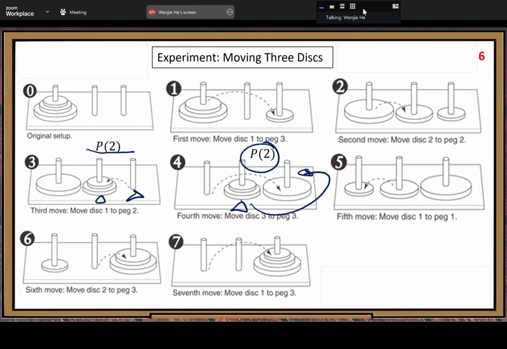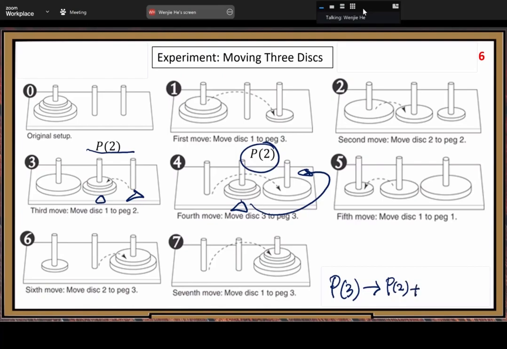So what kind of summary would we like to do here? In order to solve the problem of size 3, what we basically do is apply P of 2 first.